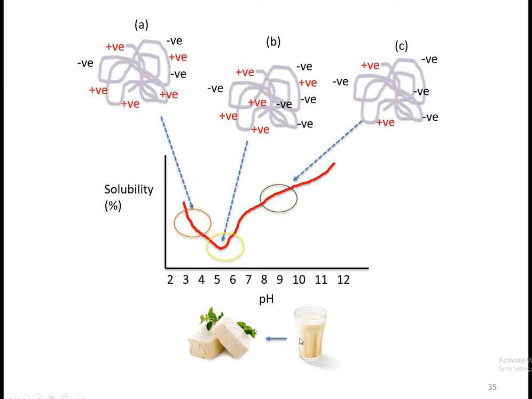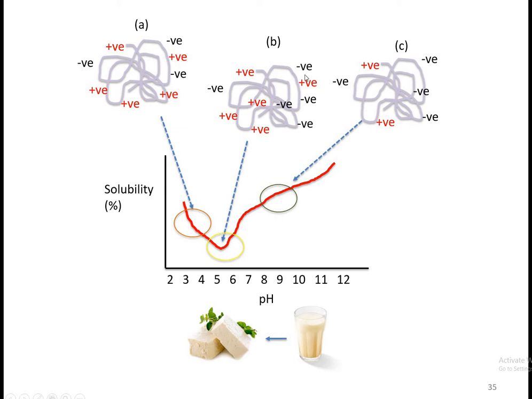Even that's how they make tofu anyway. This soya milk was added with glucono delta lactone, which is a kind of acidulant that can cause the protein to precipitate out of the solution.